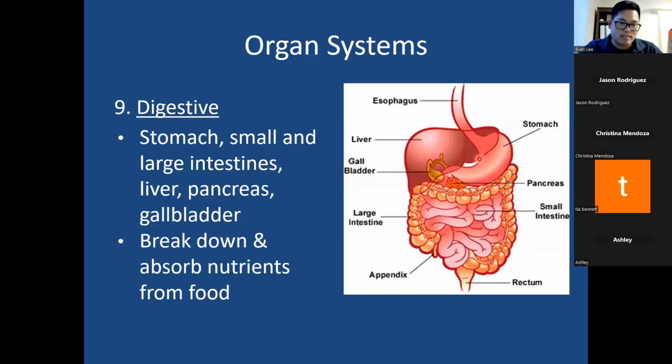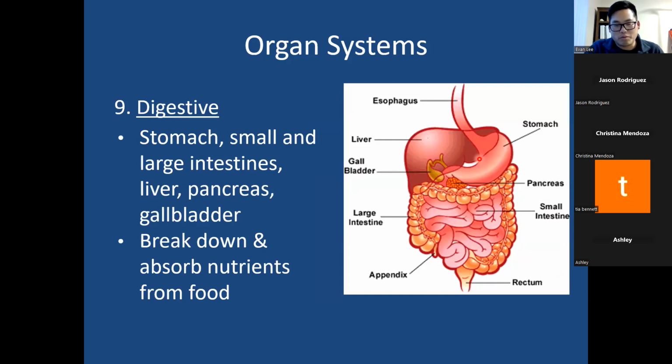Now, digestive system. Digestive system is going to be another important one that I'm thinking about right now because I'm getting kind of hungry, but let's finish this first. But digestive system, this is how you take in food. This is how you break it down. But then generally the most important part of this whole thing is absorbing nutrients.